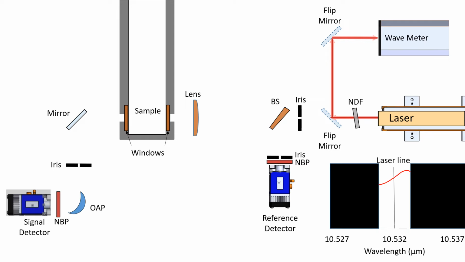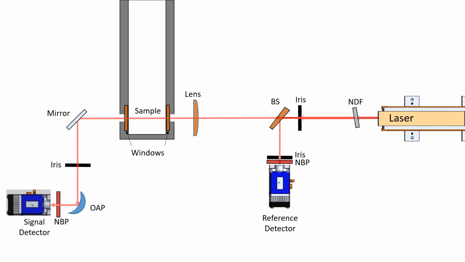You want a laser beam with a spectral width and drift that are significantly smaller than the spectral width of the absorption feature. So we use these flip mirrors to direct the beam into the wave meter to verify that the laser is indeed outputting the stated wavelength of light. Then we flip the mirrors down and out of the laser path.